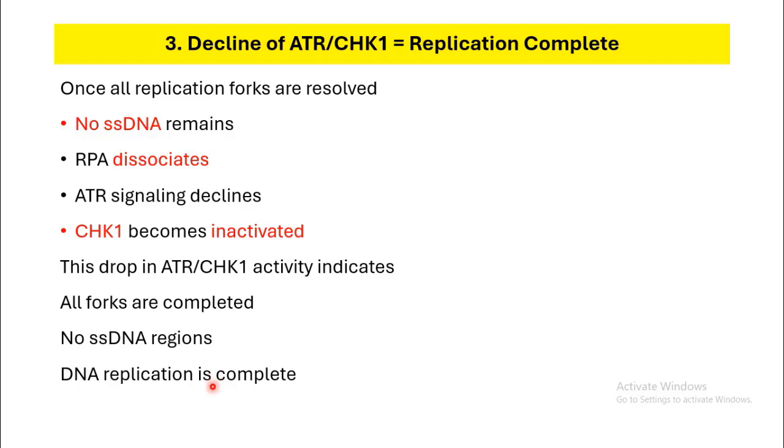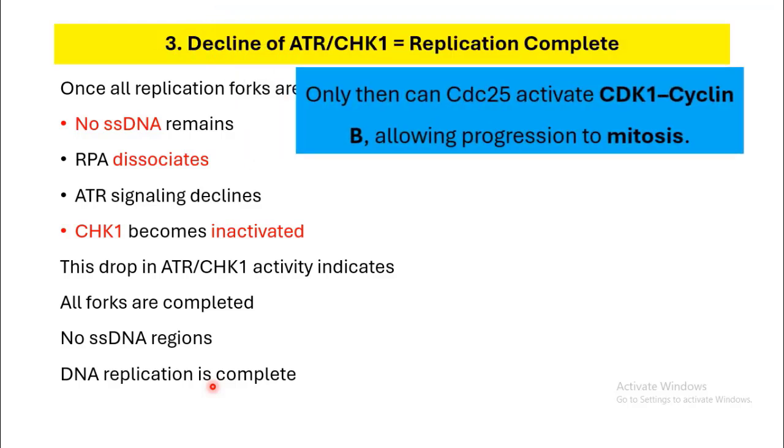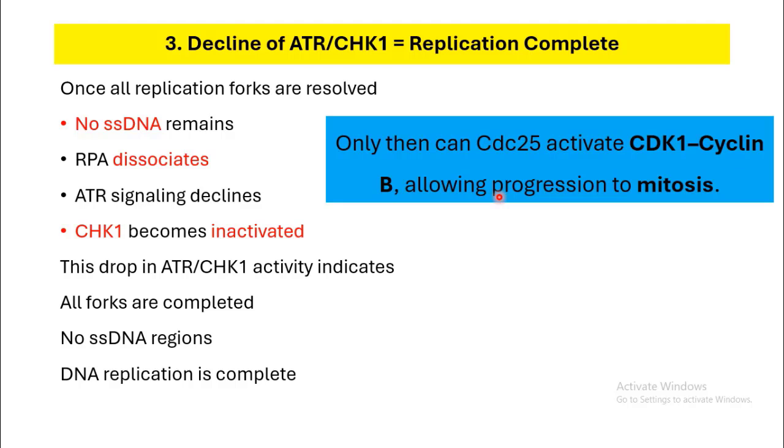Now, once the DNA replication has been completed, that is a sign that you can now move into the M phase of the cell cycle, and you can go for the division of the nucleus as well as the cytoplasm. So when the DNA replication is complete, and if you want to move from G2 into the M phase of the cell cycle, you need to go for the activation of CDC25.